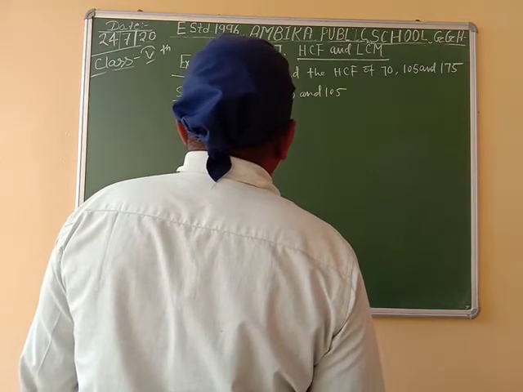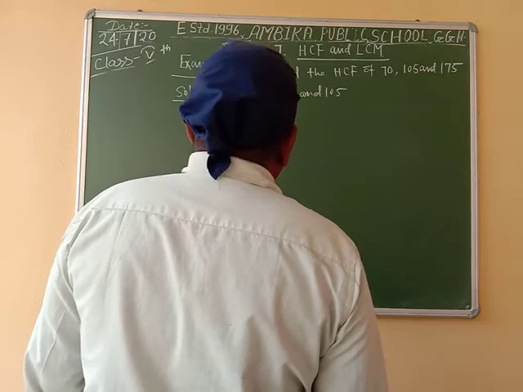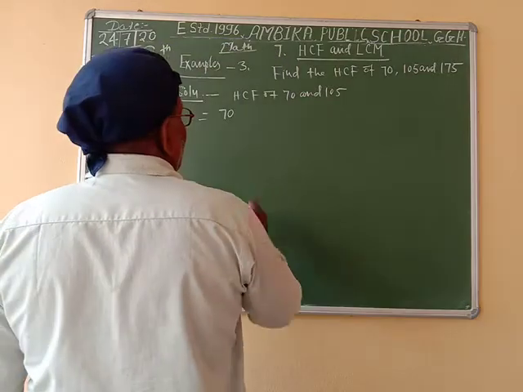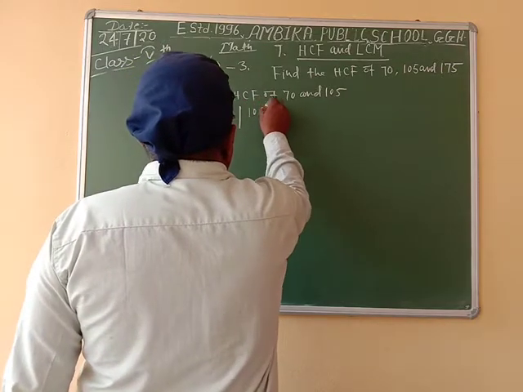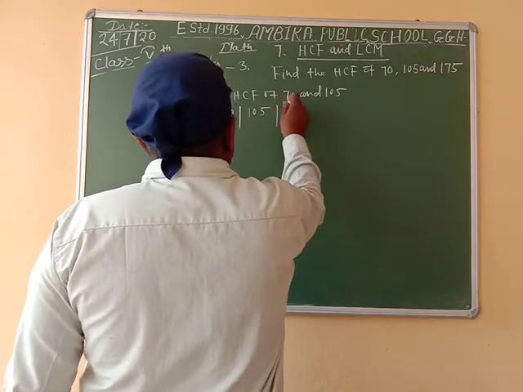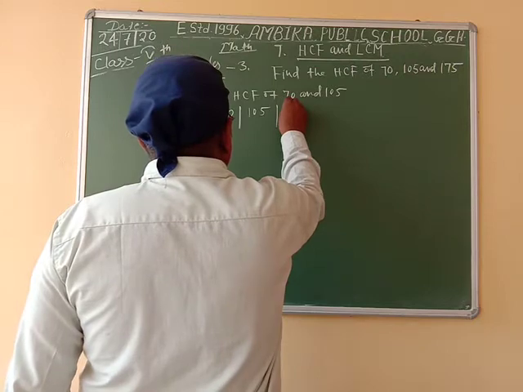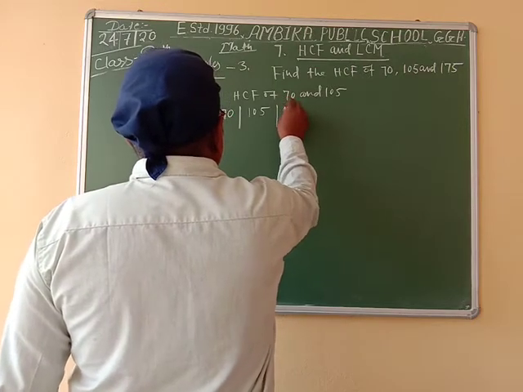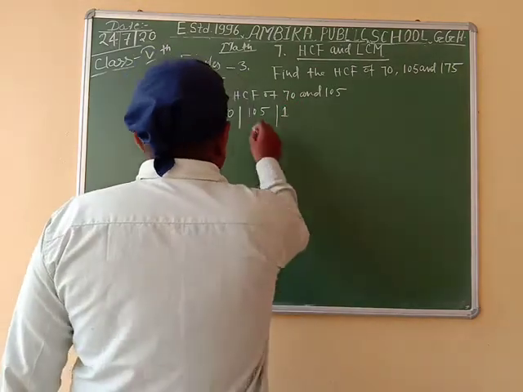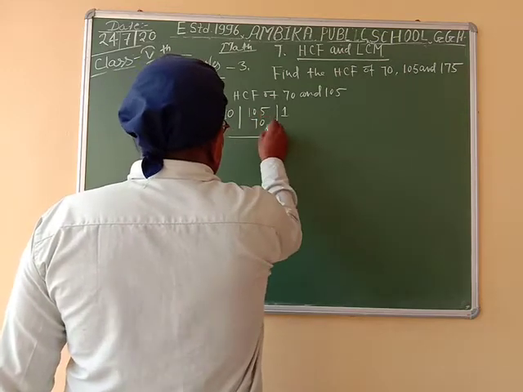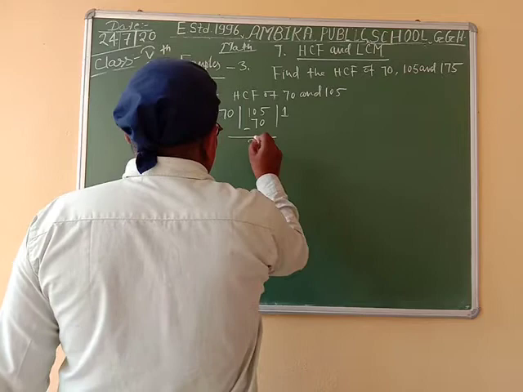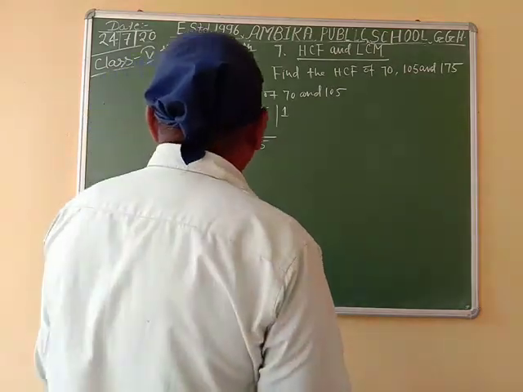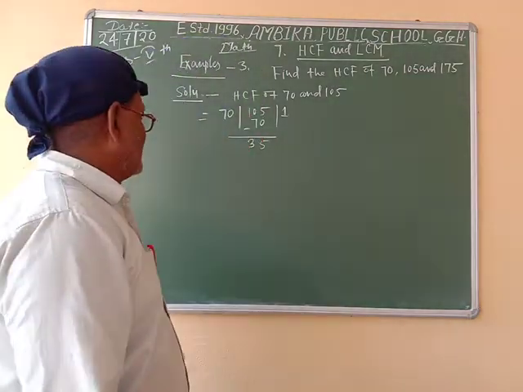So first of all we divide the greater number by the smaller number, 105 by 70. Here we see that the remainder is 35.